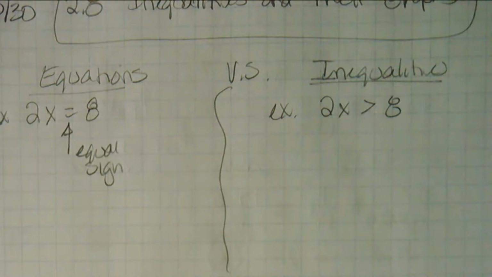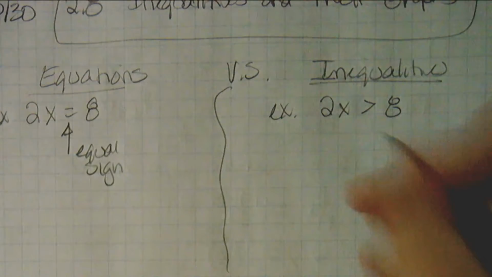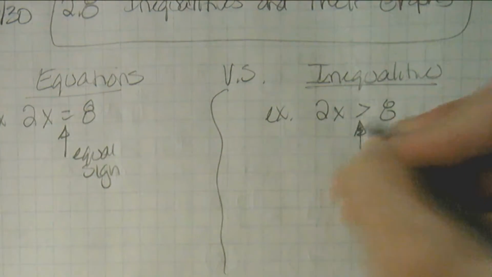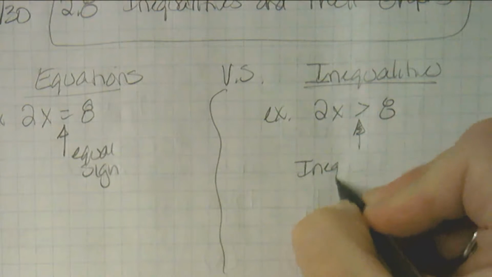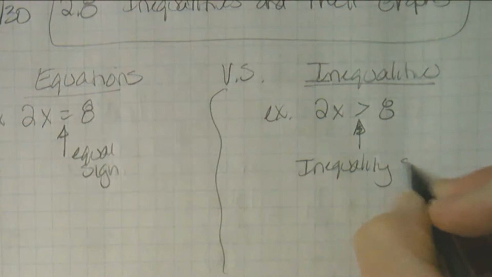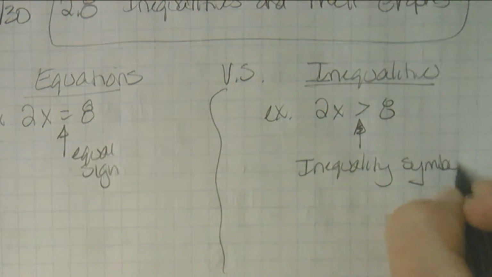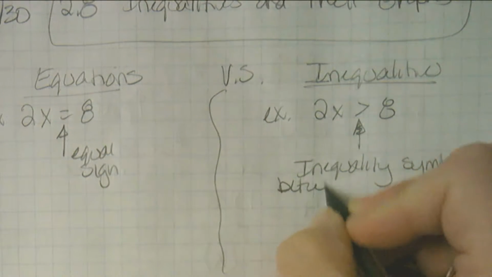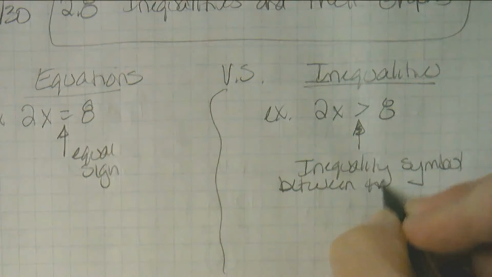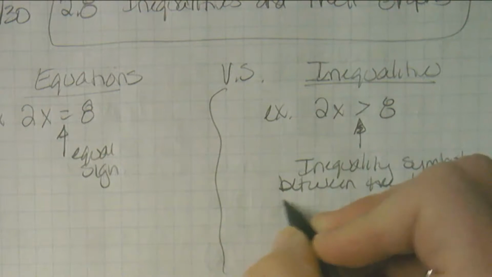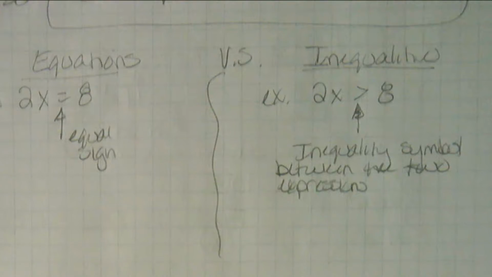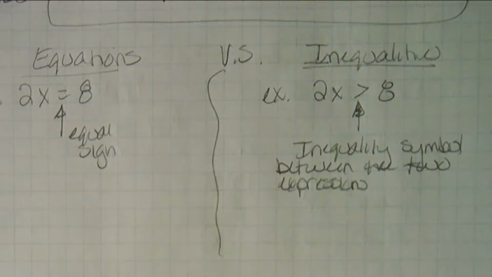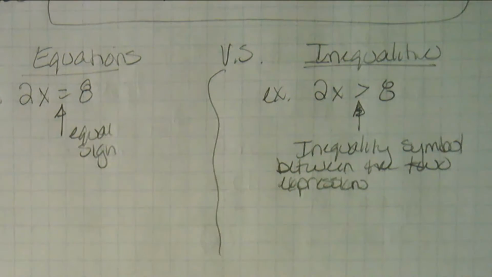The only difference between an equation and an inequality is that symbol between the two expressions. So here we have an inequality symbol between the two expressions. In an equation, we have an equal sign between the two expressions.